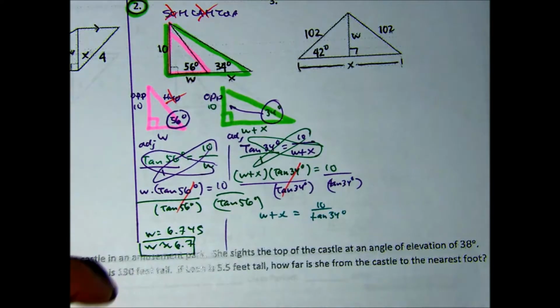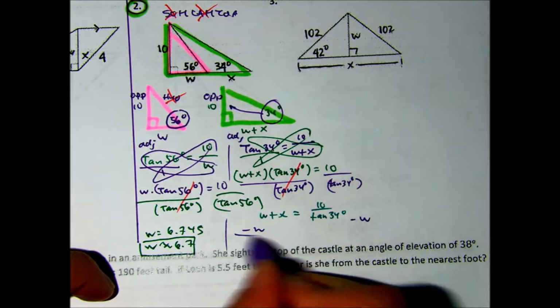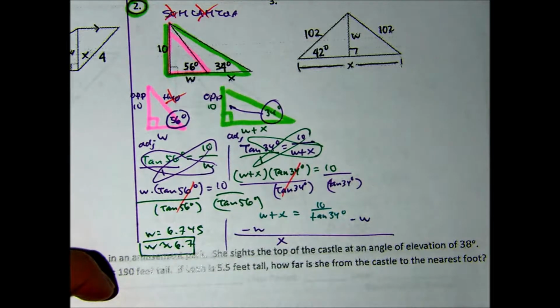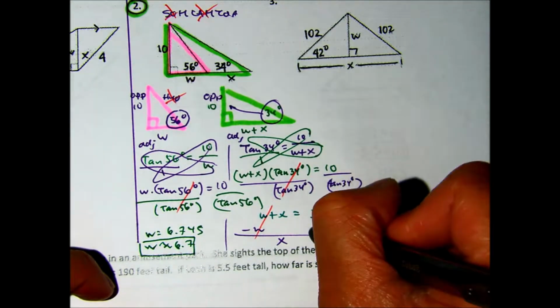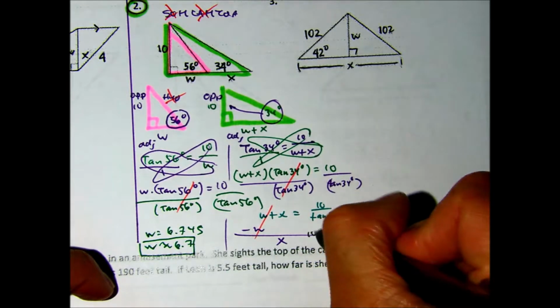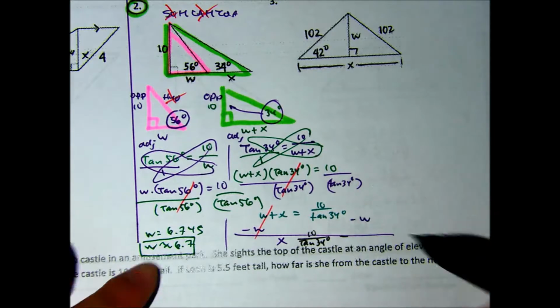And then I'm trying to solve for x, so I can just subtract w. Is that nice? You have a really nice calculator-ready equation. x equals 10 over tangent of 34 degrees minus our 6.7.